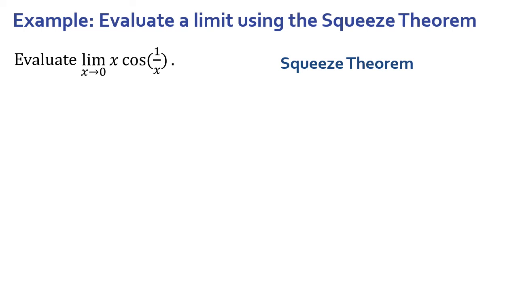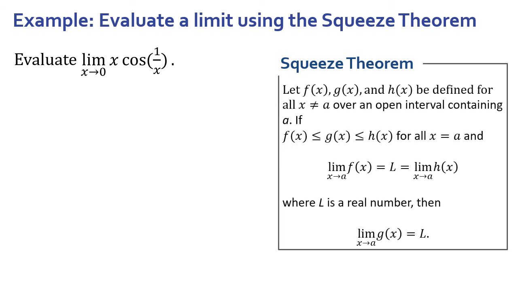And this is where the squeeze theorem comes into play. So I can't use that problem solving strategy that we had before because I don't have something that's 0 divided by 0. So the squeeze theorem, here's what it says. It says, let f of x, g of x, and h of x be defined for all x that are not a over an open interval containing a.